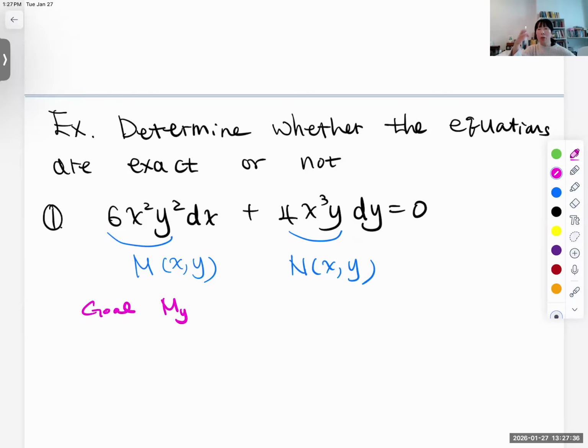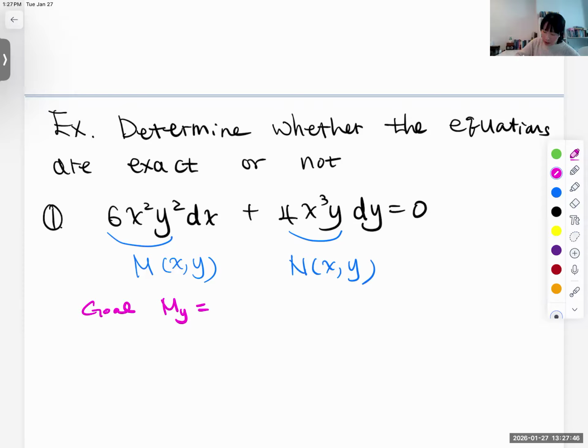So we're looking at the M, and then the partial derivative with respect to y, same as the partial derivative with respect to x from the N equation, right? All right. Okay, let us do this.